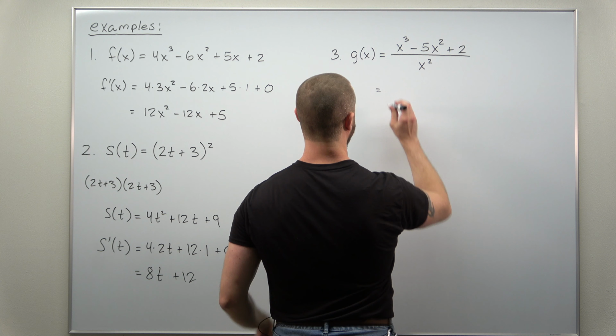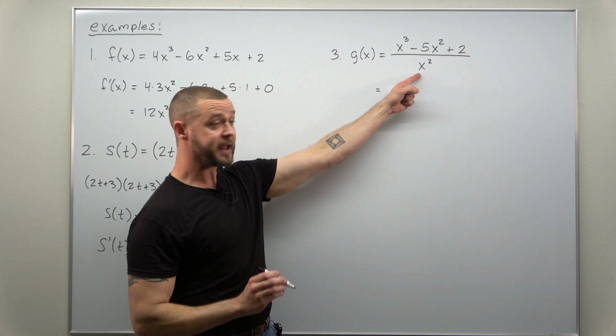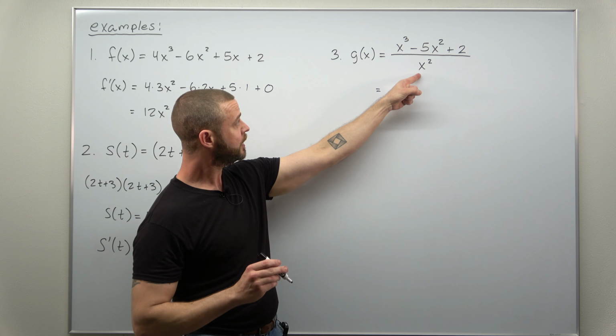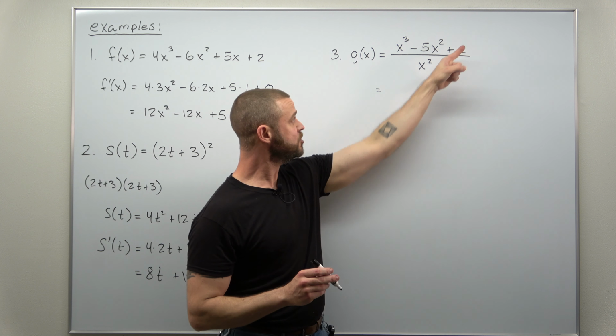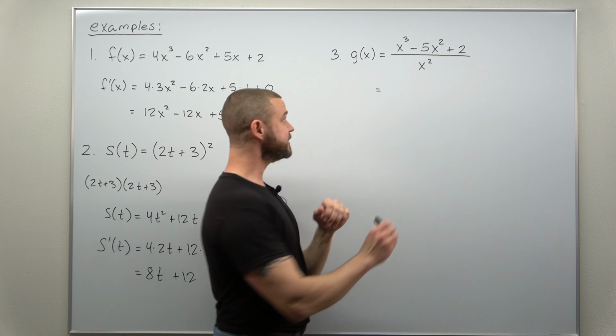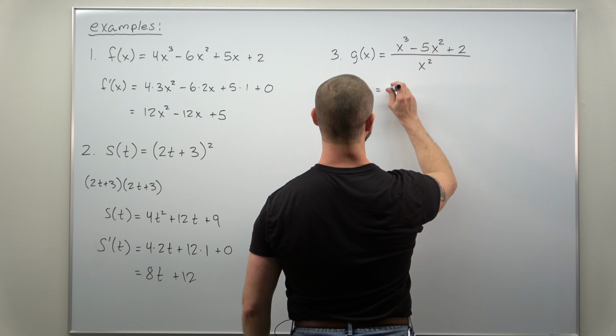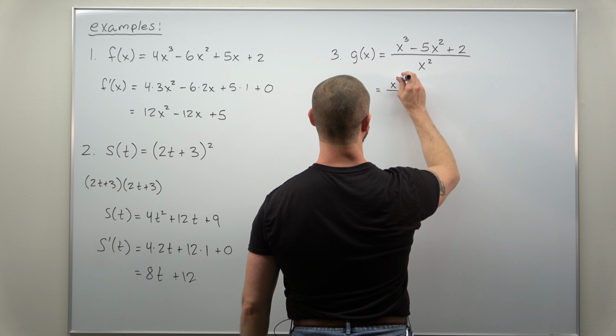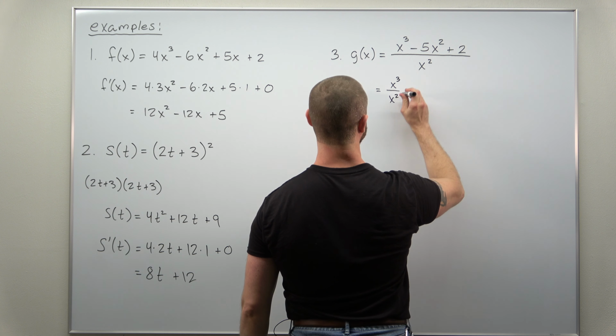So what we're going to notice is we're dividing by x squared, a single term. I can take each term in the numerator and divide it by x squared. Let's go ahead and write that out. We're going to have x cubed divided by x squared.